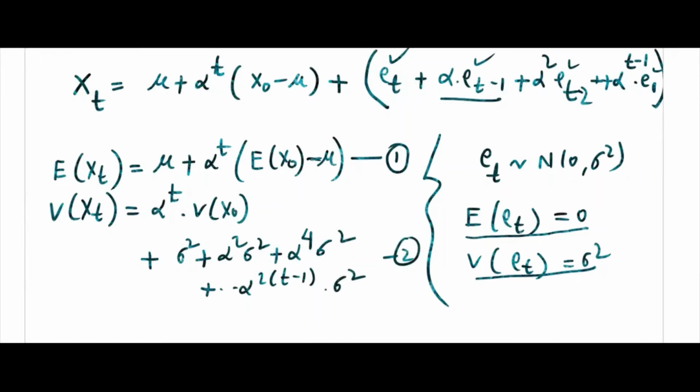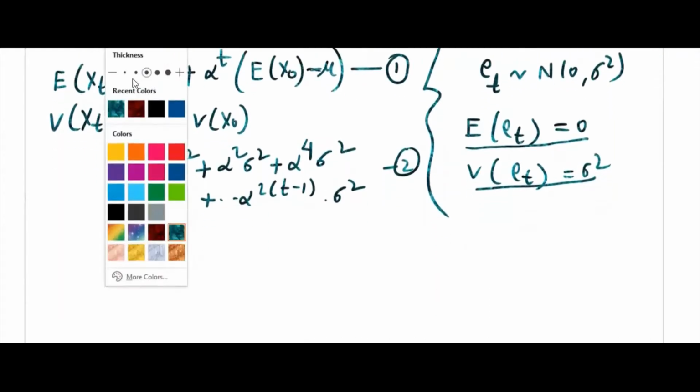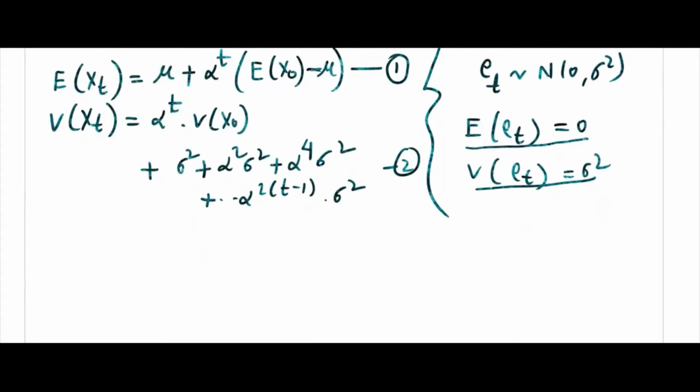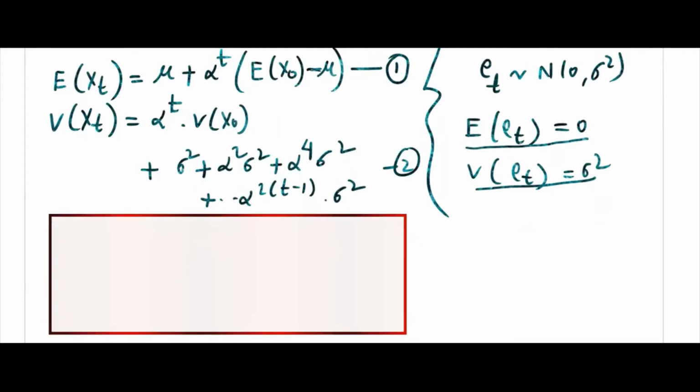If you want to write equations 1 and 2 properly, you will get it this way. So we'll write equations 1 and 2 within a box. Here E of x_t is equal to mu plus alpha^t E of x_0 minus mu.